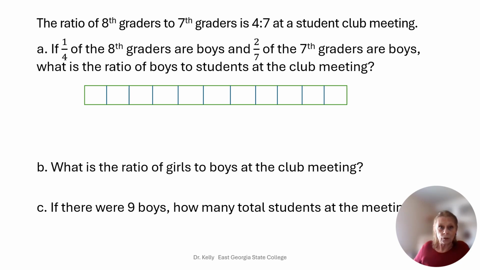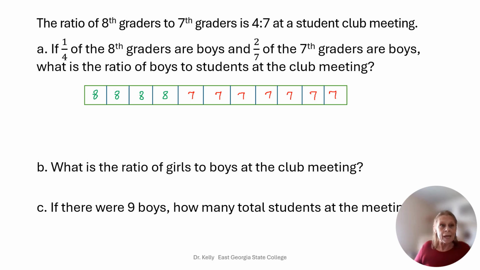So here we've got 4 for 8th grade, and we've got 7 for 7th grade. So this is a good model, a good representation of how the boys and the girls break out. Okay?